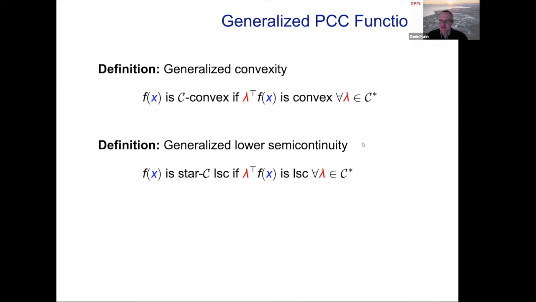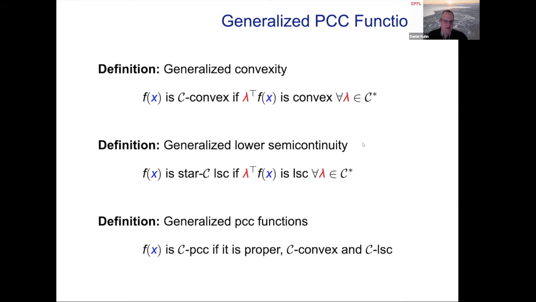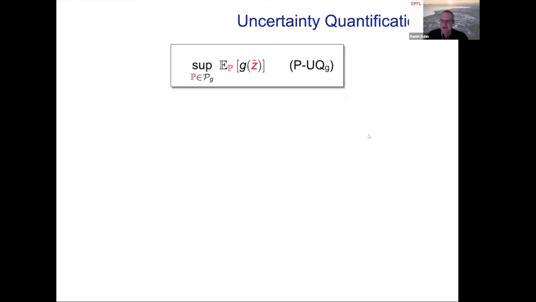Similarly, a vector-valued function f of x is called star C lower semi-continuous if the inner product of lambda and f of x is lower semi-continuous for every vector lambda in the dual cone C star. So it is therefore natural to say that f of x is CPCC, so it is proper, C-convex, and star C lower semi-continuous, if it satisfies all of these properties. Okay. And these are the kinds of functions we will study now.